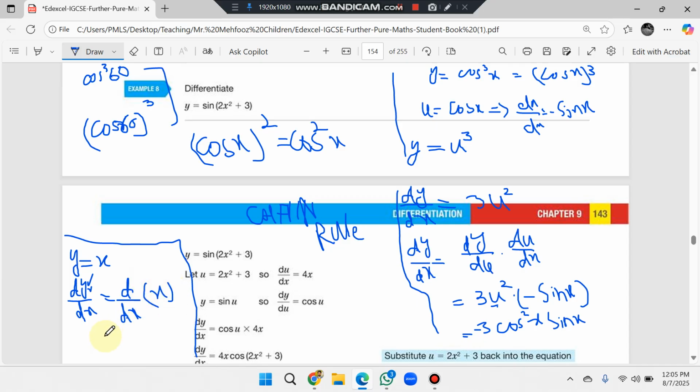Now this becomes dx by dx, so that equals 1. This is the general example for a derivative.